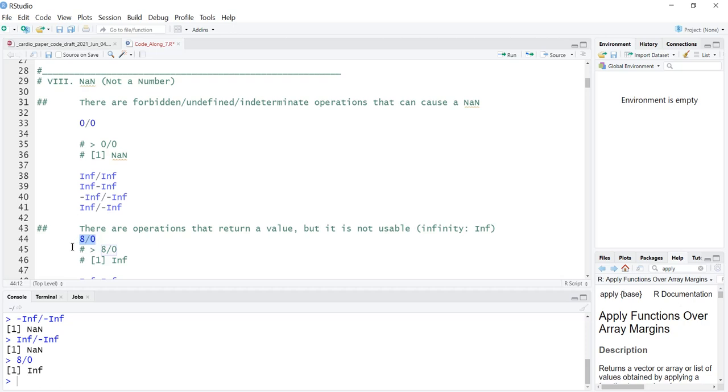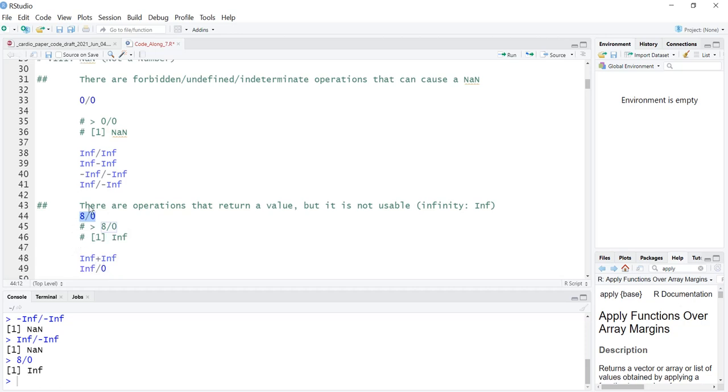If you're approaching from the right, you'd have positive numbers close to 0, and so it goes to positive infinity, okay? But 8 divided by 0 is not defined. But R still gives you a value. It says it's infinity. So just because R tells you a value, that doesn't mean it's correct. You have to know your math too.